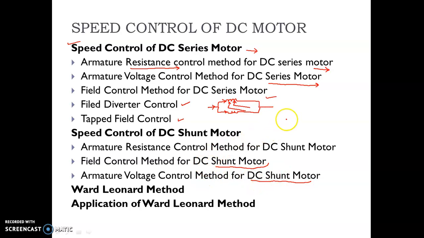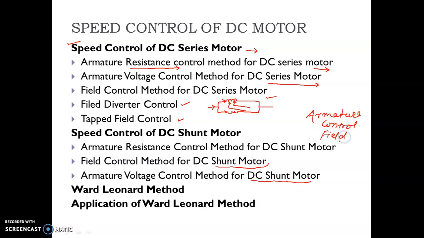Basically, to control the speed of either a series motor or a shunt motor, there are two types. One is called armature control and another is called field control.